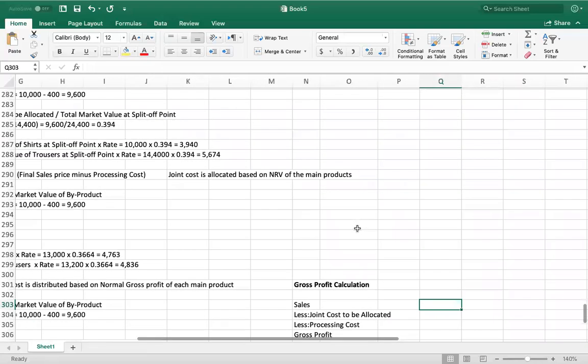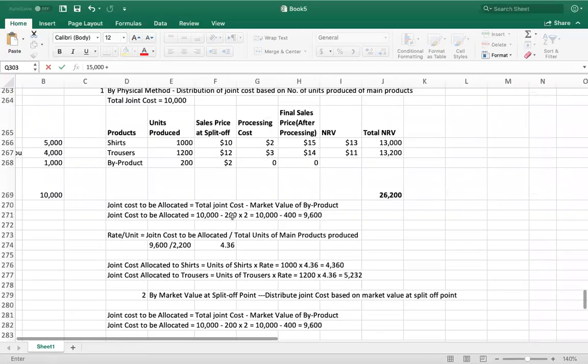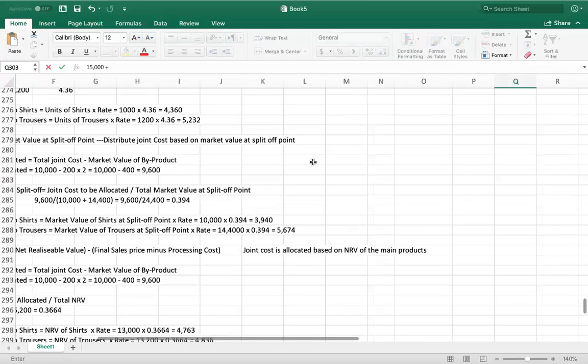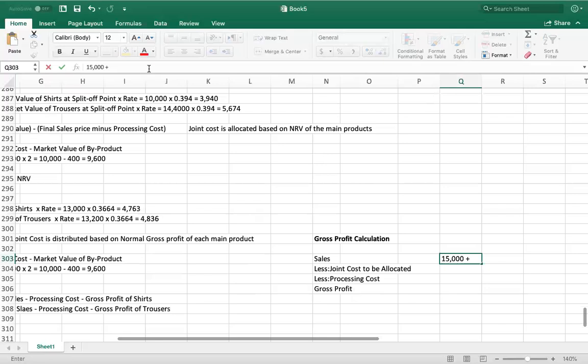So 15,000 for A plus how much for the second product? 14 multiplied by 1,200. How much does it become? 16,800. So that is equal to 31,800, total sales.